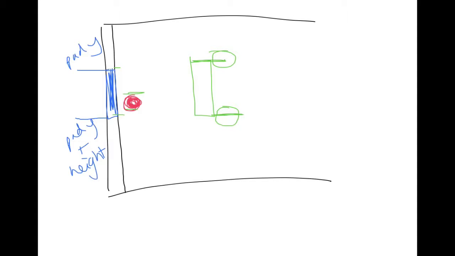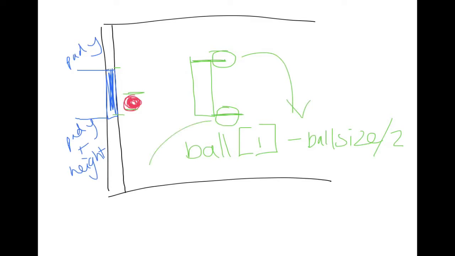Okay, so that's the ball y, which is 1. And for the top one, it's minus ball size divided by 2. And for that one, it would obviously be plus ball size divided by 2.